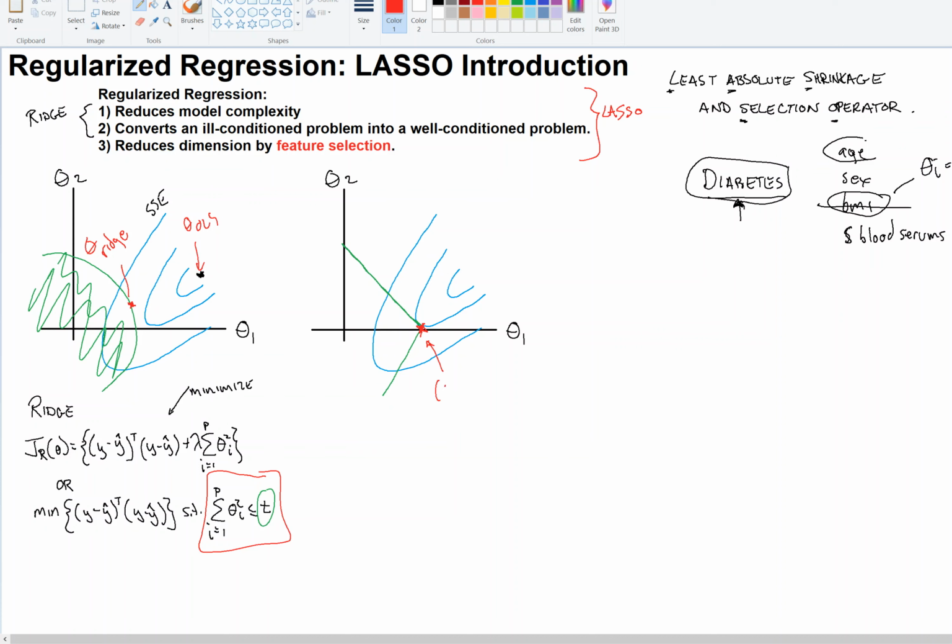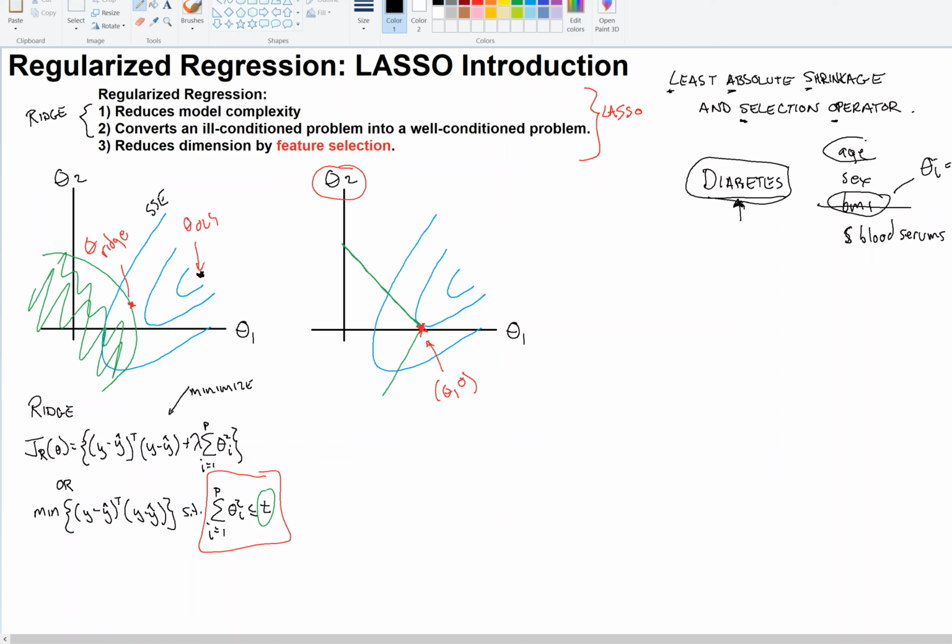Well, that is some theta 1 comma 0, right? And so if the minimum happened exactly on that axis, we would say that feature 2 does not contribute at all to the model, right? So this is the idea behind Lasso. It's just a slight tweak to the minimization problem that we saw in Ridge that makes the constraint a diamond, and that's what performs feature selection.